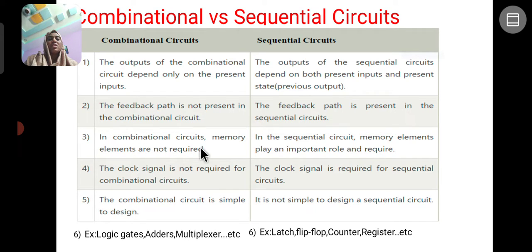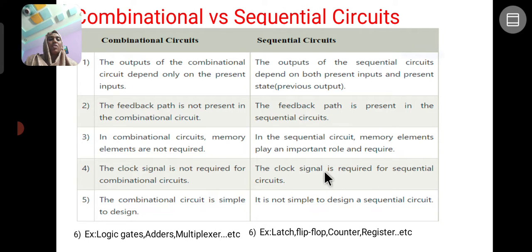In a combinational circuit, memory elements are not required because we need not store any element. In a combinational circuit there is no memory element, whereas in a sequential circuit there is a memory element. One more important difference is that in a combinational circuit the clock signal is not required, whereas in a sequential circuit the clock signal is required.